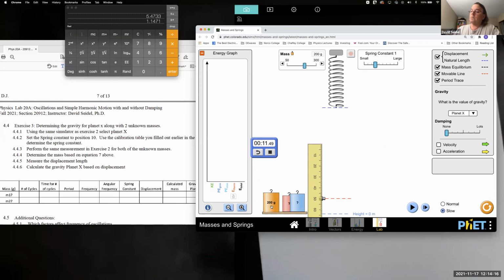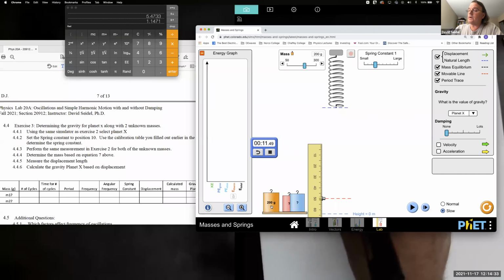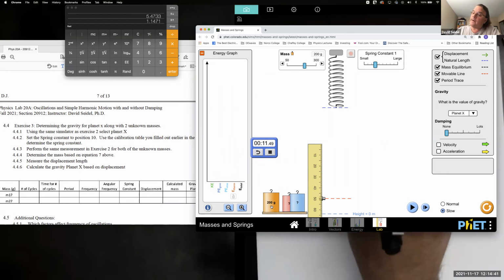You know T equals 2 pi square root of m over k, or omega is equal to the square root of k over m. I don't care which way you do it. So what do you know from here?